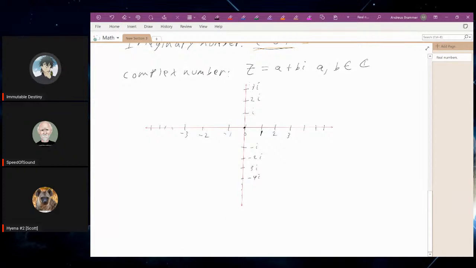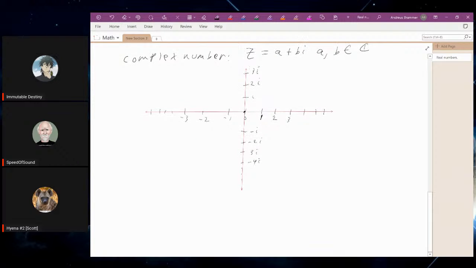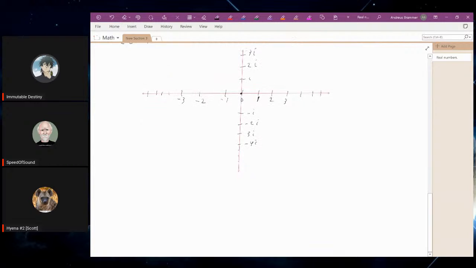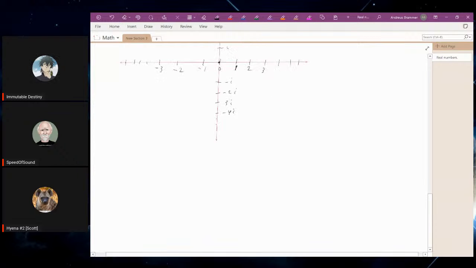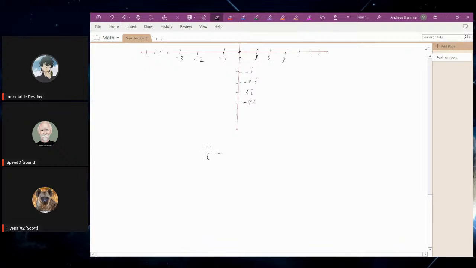Now, here's the interesting thing about it. When we take i to be the square root of -1, when we square it, it becomes negative.